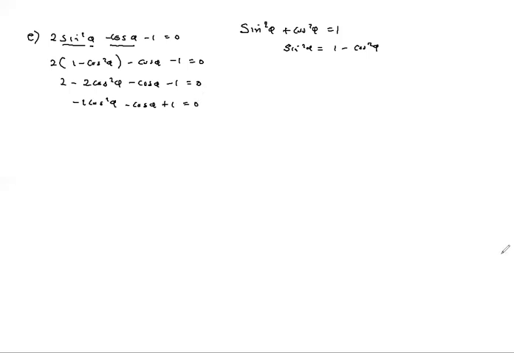So this now becomes a quadratic, especially if we let x be cos theta. We'll have negative 2x squared minus x plus 1 is 0. When you multiply negative 2 by 1, the product will be negative 2. The sum will be negative 1, and so the factors must be negative 2 and positive 1.